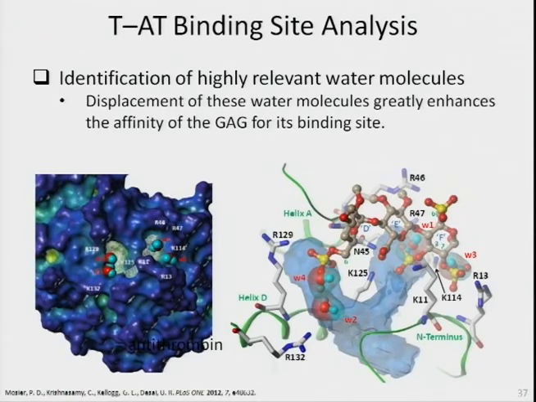So something very interesting that we found when we looked at the crystal structure and also when we did docking of other GAGs to this binding site is that it is the 3-position sulfate that displaces one of these water molecules. So that's kind of a cool thing that we found that deals with the displacement of water and its involvement.